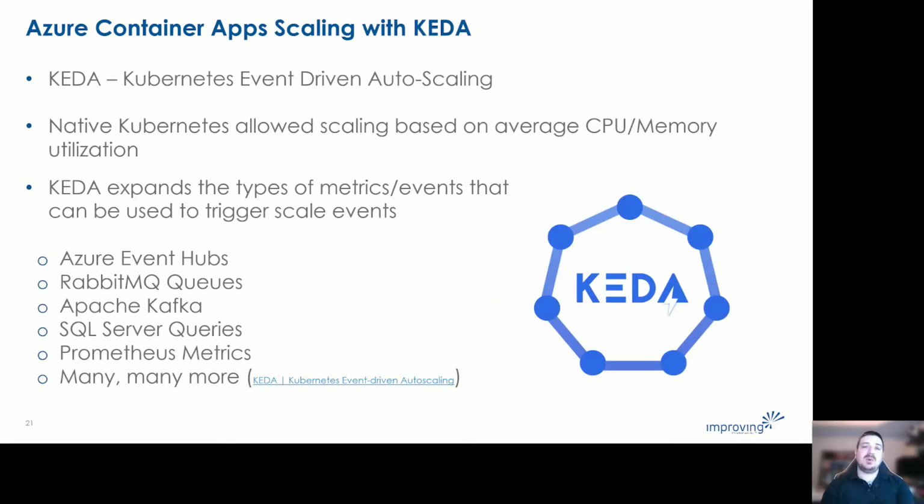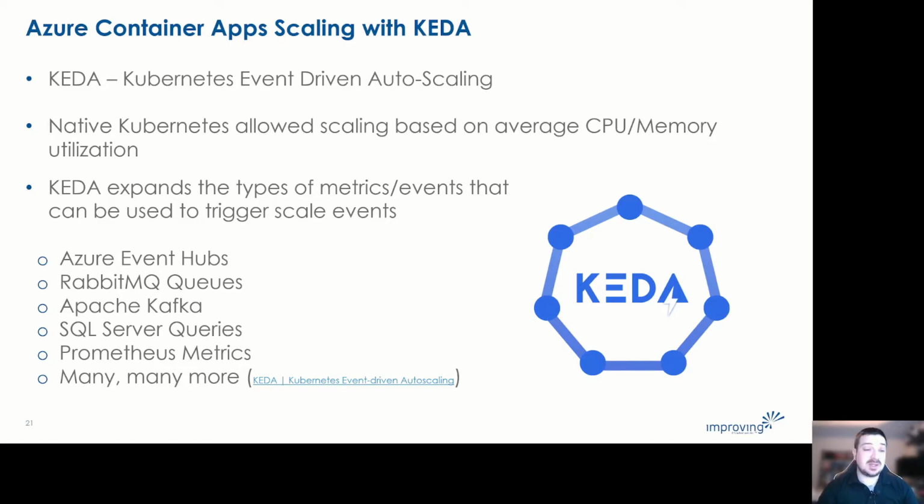Talked about KEDA before. This is one of the most powerful features that I've found when using Azure Container Apps. Again, it's Kubernetes event-driven autoscaling. Native Kubernetes allows scaling based on simple metrics like CPU and memory utilization. But KEDA expands the types of metrics or events that can be used to trigger scale up, scale down events.